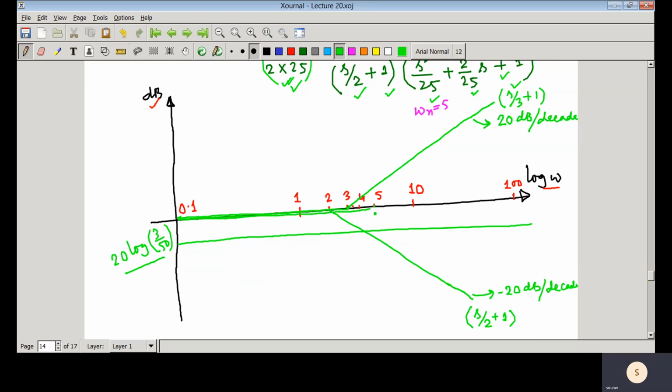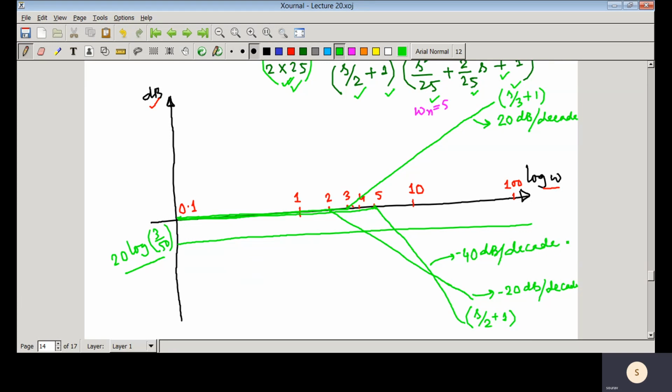So up to 5, and then the slope would be different because that slope is 40 dB per decade. So here that is in the denominator, so the slope is minus 40 dB per decade.